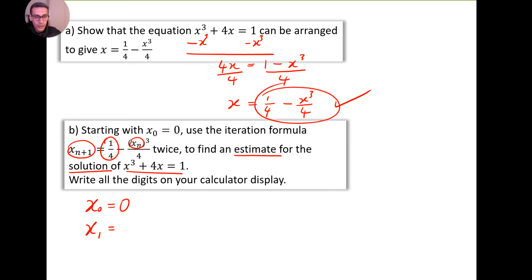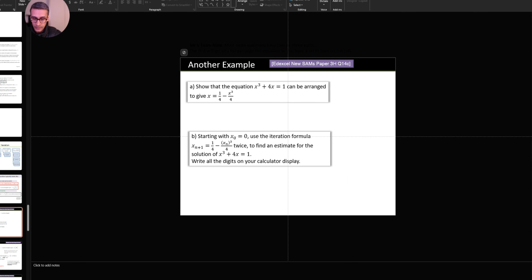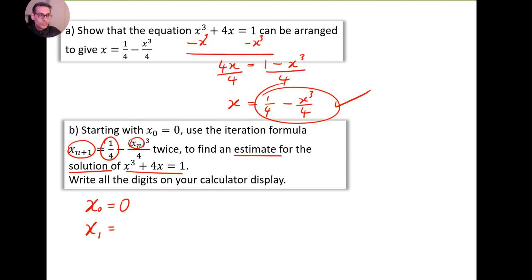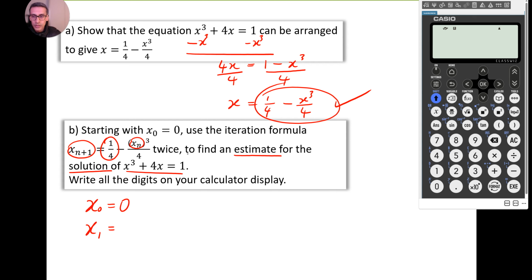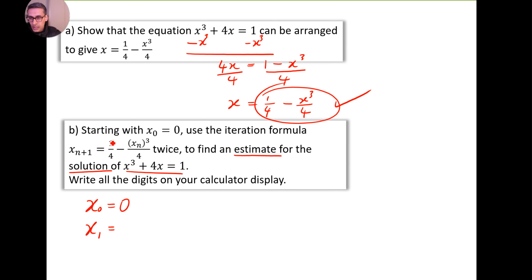For this, we're going to need our calculator. So let's put our values in, so we can see 0 equals, and then we're going to put this into our calculator, but where we see xn, we're going to replace that with the answer key.